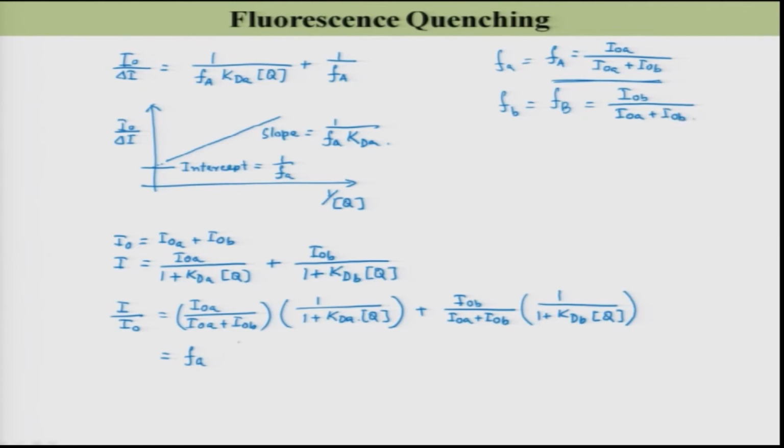So, this is f a into 1 by 1 plus K d A into Q plus f b into 1 by 1 plus K d B into Q. For having more than two sites, I will simply write the sum as f i divided by 1 plus K d i into Q. So, this is going to be a little complicated.